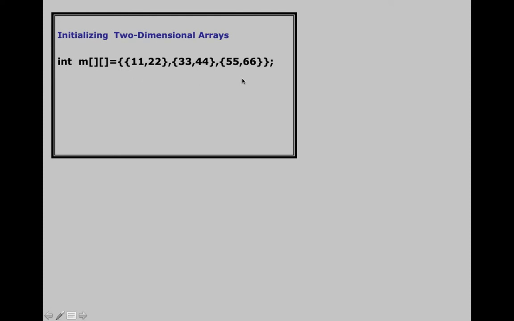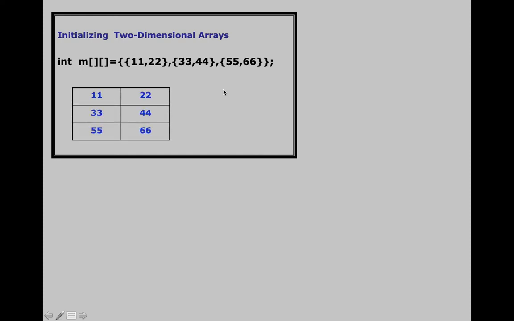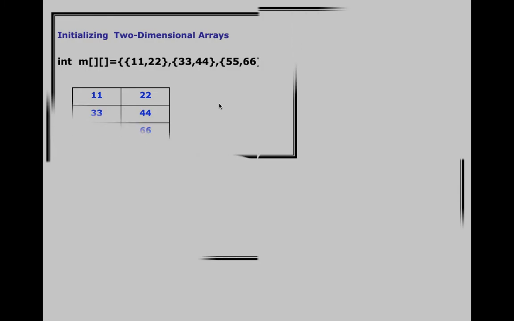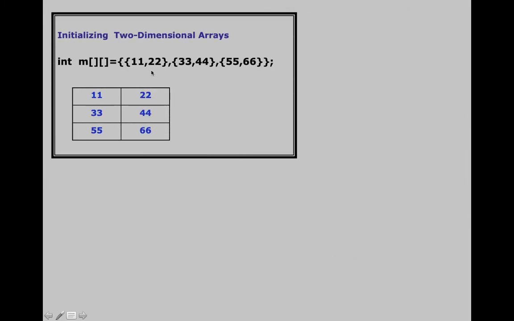So these are the outer braces, inside which there are 3 inner braces, and that's why there will be 3 rows. Each inner brace has 2 elements, so that's why each row will have 2 columns, so the array will look like this. One minute, I hope you copied this. So once again, quickly copy this. And once again, over here also you cannot write new, and you cannot mention the dimensions over here.